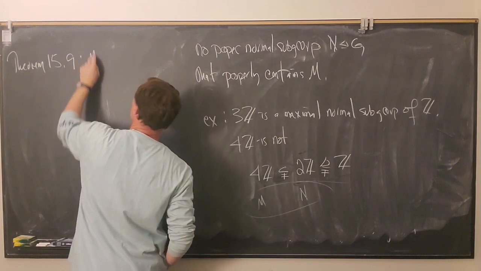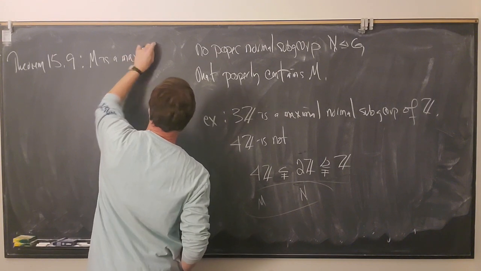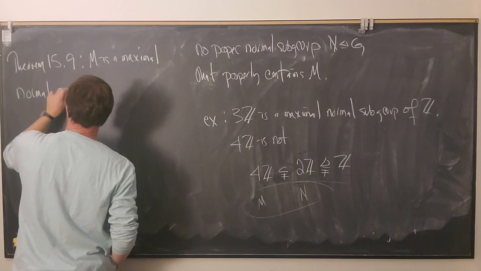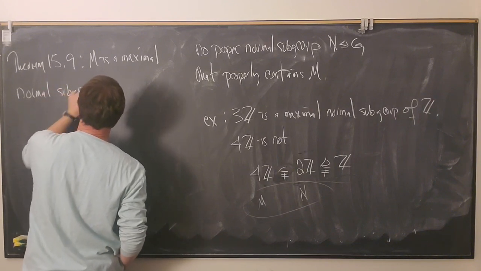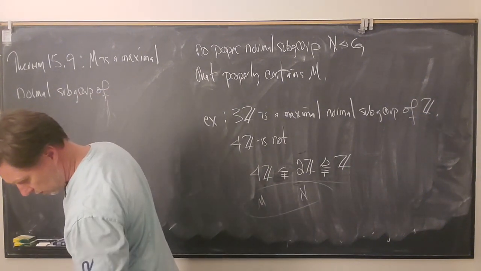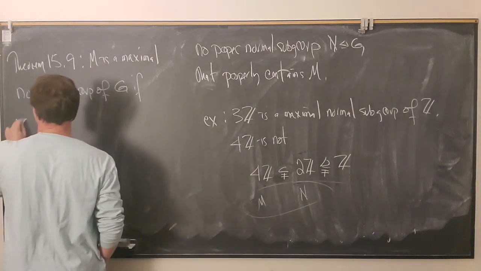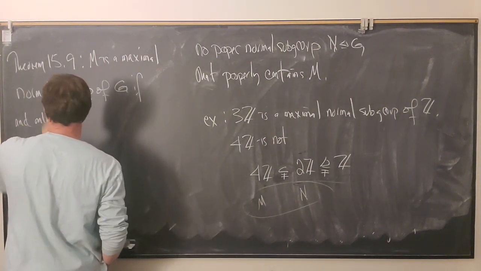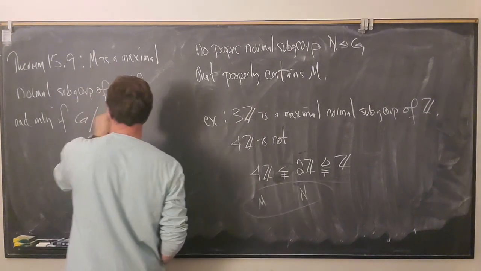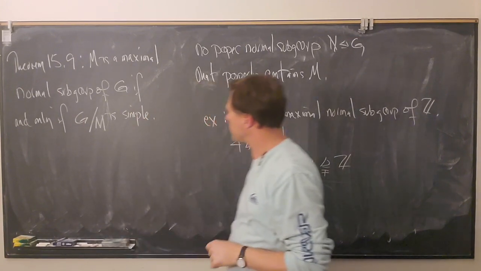M is a maximal normal subgroup of G if and only if G mod M is simple. All right, so there's an interesting fact.